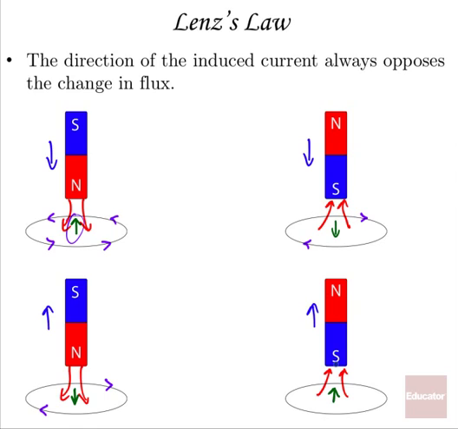Now we can use our right-hand rule again, point the thumb of our right hand in the direction of that opposing magnetic flux, and I would get then a current that is flowing in roughly that direction. So that's Lenz's law. Takes a little bit of practice, but it's a lot easier than chasing down those negative signs.